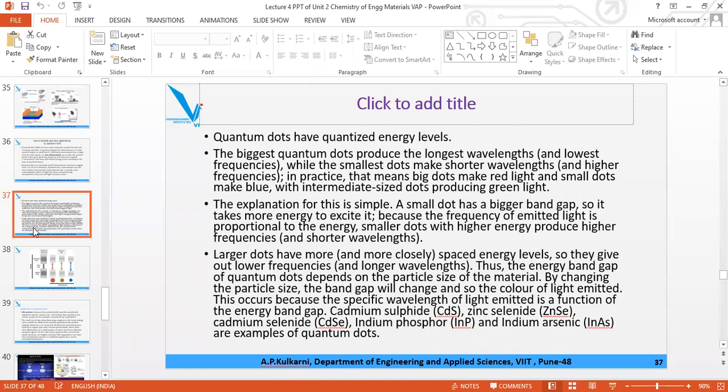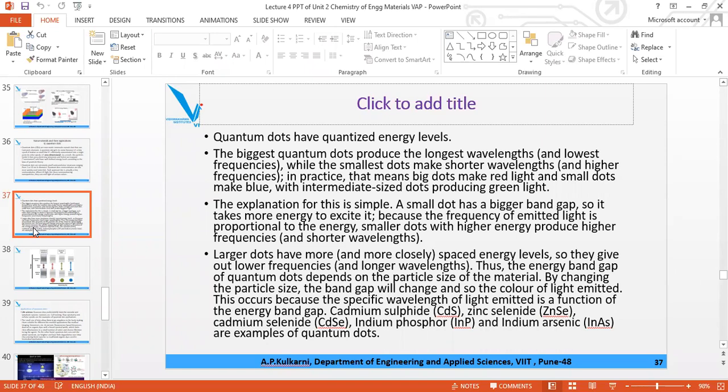You are the child, and among your three family members, that is father, mother, and you, you are in the last position. Your mother is the moderate one, so she will give the moderate wavelength, and for that she will give green color.